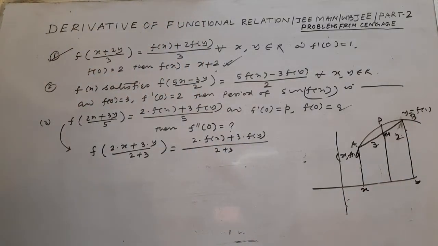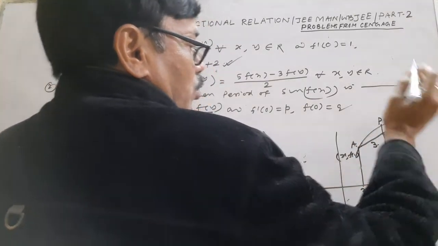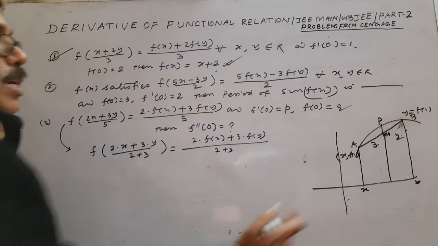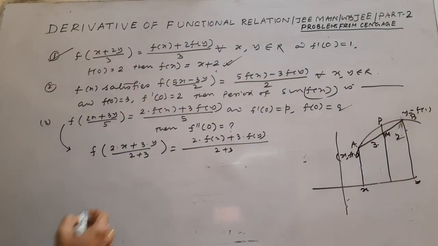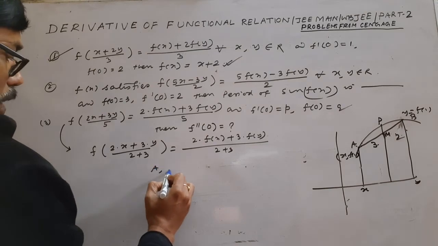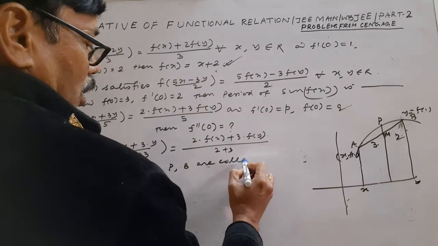P and M coincide, we have already discussed it. P divides AB in the ratio 3 is to 2, so A, P, B are collinear.